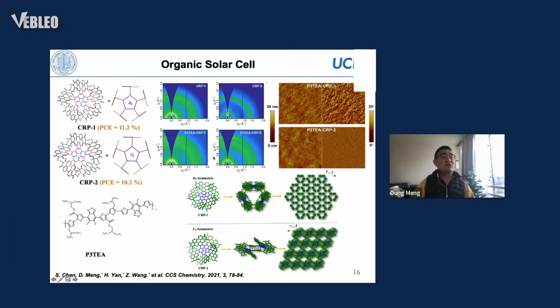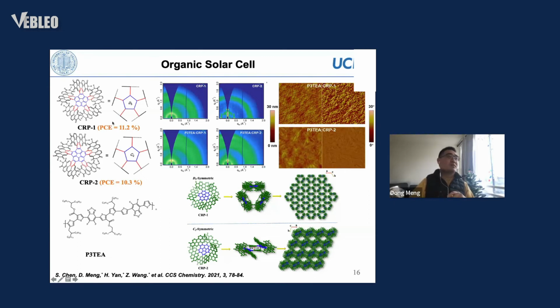But for CRP1, maybe there are no peptide interactions. But when mixed with the donor materials, it shows similar morphologies from the GIWAXS. But the difference is in the AFM, which is the main point, because in the AFM we find that CRP1 has a small domain size and more uniform morphology than CRP2, because CRP2 has peptide interactions, so it aggregates more easily and cannot form a uniform morphology with the donor materials.